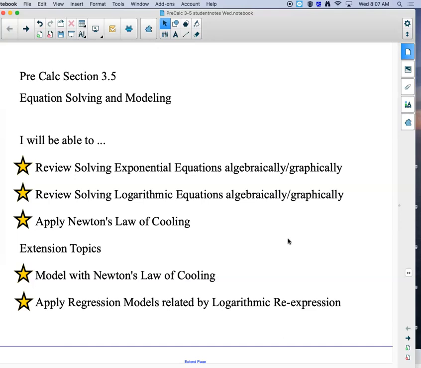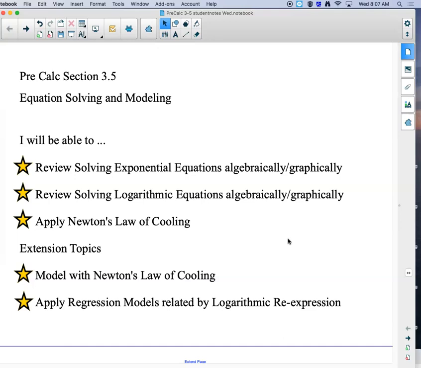So 3.5, we are going to be reviewing solving exponential equations algebraically and graphically, things that we did in Algebra 2, but obviously the problems are going to be a little bit more difficult at the pre-calculus level. We might get to solving some of the logarithmic equations algebraically and graphically today, but tomorrow we'll be applying Newton's law of cooling, so doing the application problems.